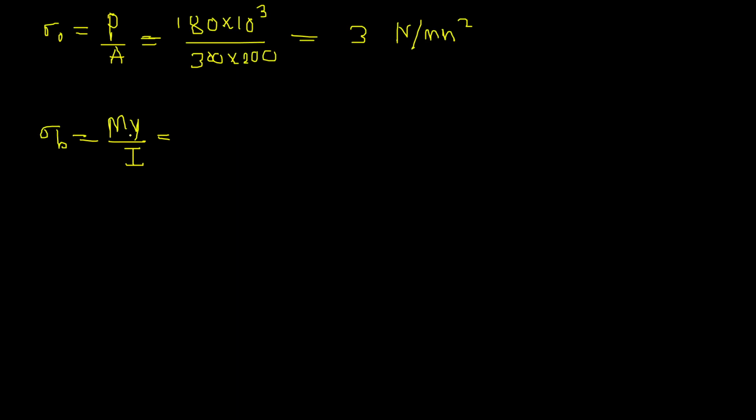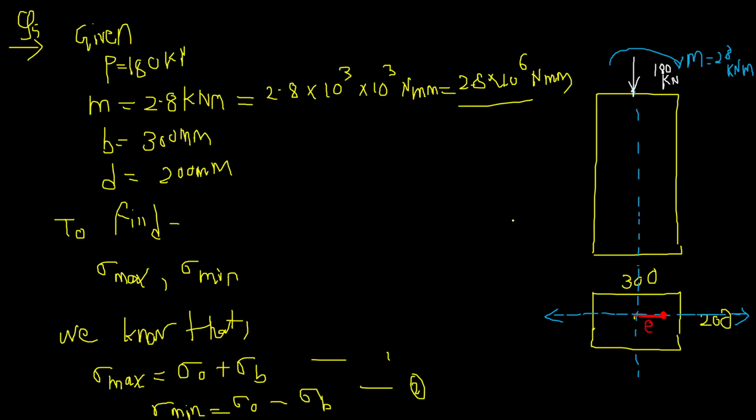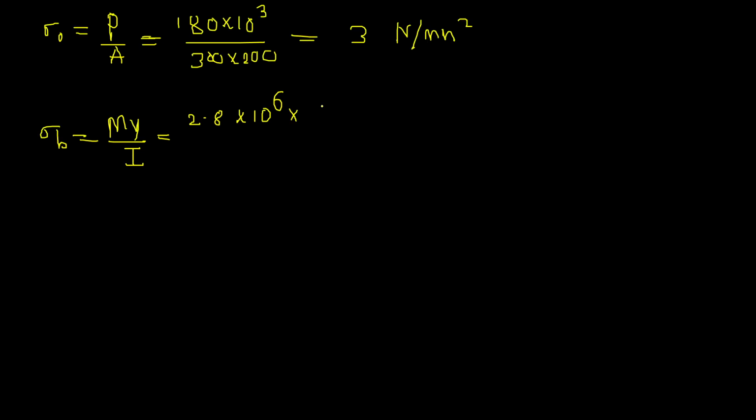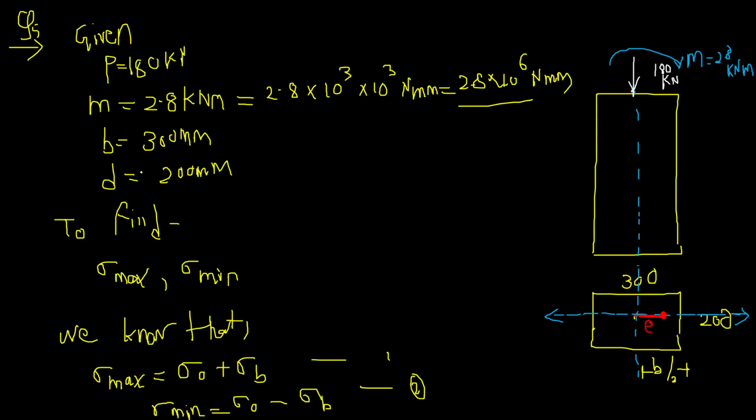Okay, so now substitute here 2.8 into 10 to the power 6 into y value. So this is the value of y, that is b divided by 2. किती आहे b? 300 divided by 2. Now which value we should take, Ixx or Iyy? It is Iyy.